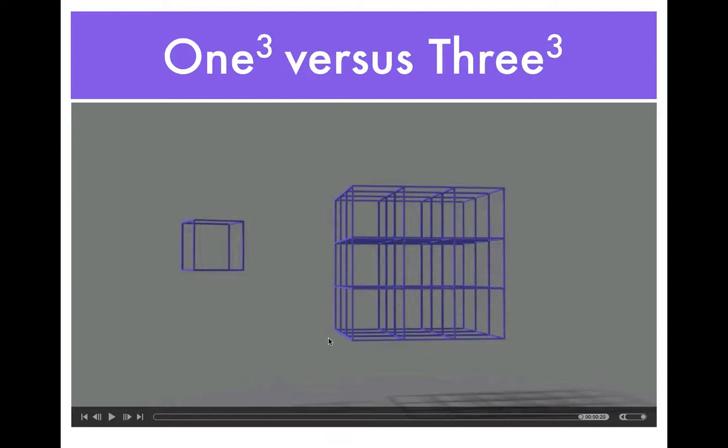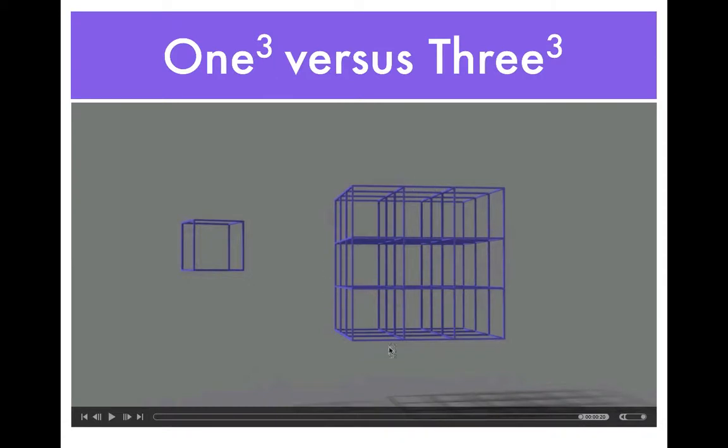So we measure it on this axis. It's only 3 times longer. On this axis, it's only 3 times longer. And on the Y axis, it's only 3 times taller. But if we look at all the cubes inside, we have 1, 2, 3, up to 27.